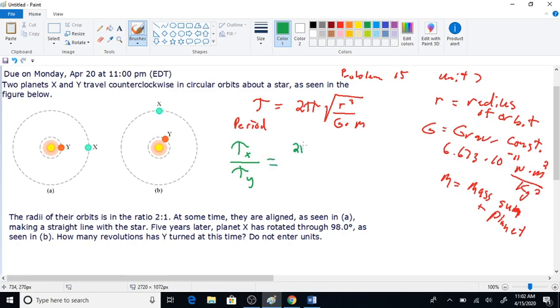So it's 2 pi square root of r of x cubed, all over the square root of G times M, all over 2 pi.